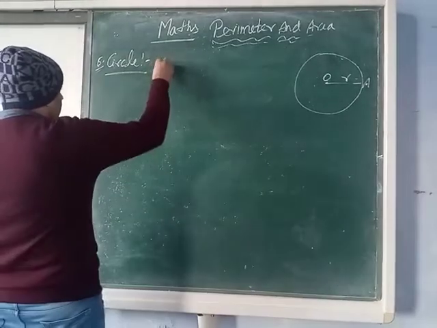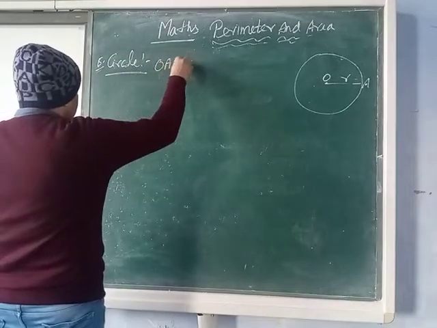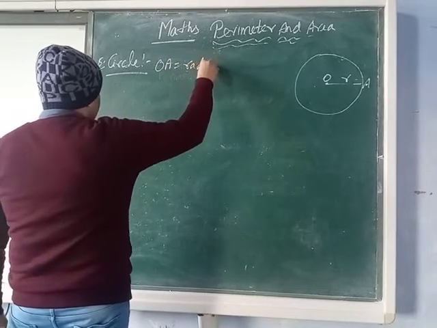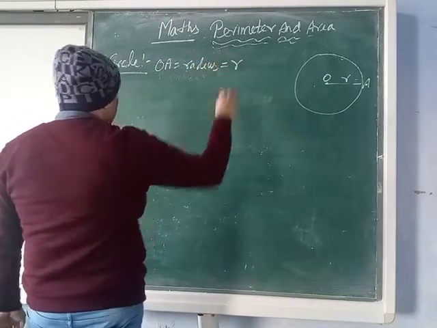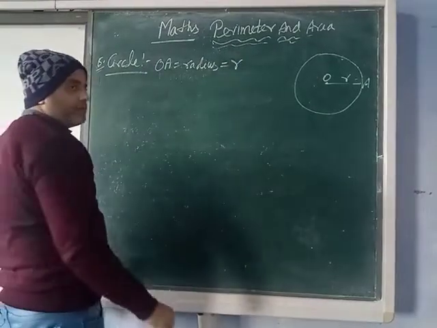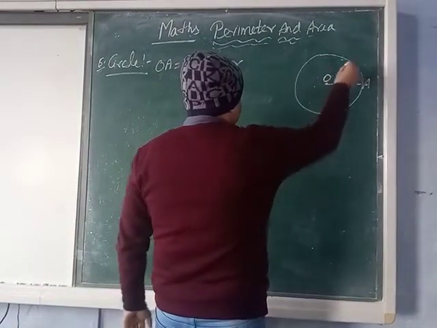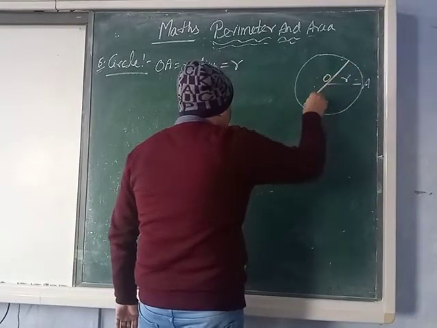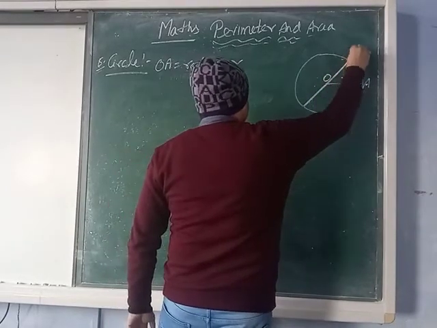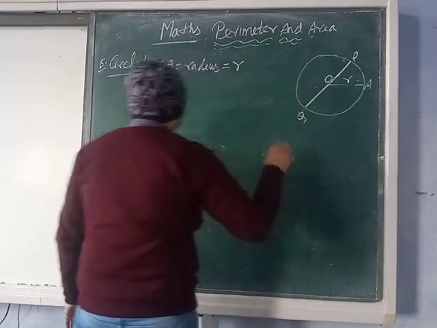So what is OA? R. And R is in meter, centimeter and area units. And if you draw a line like this, it will pass through the center, and these are P and Q.